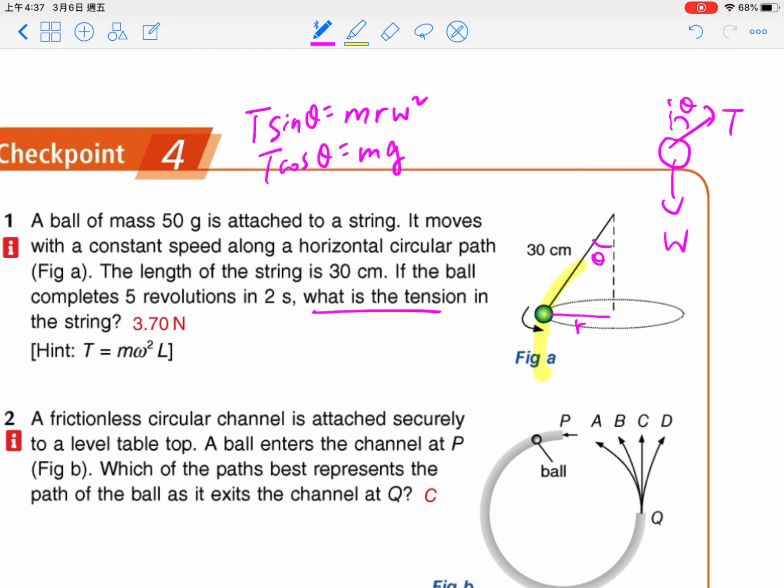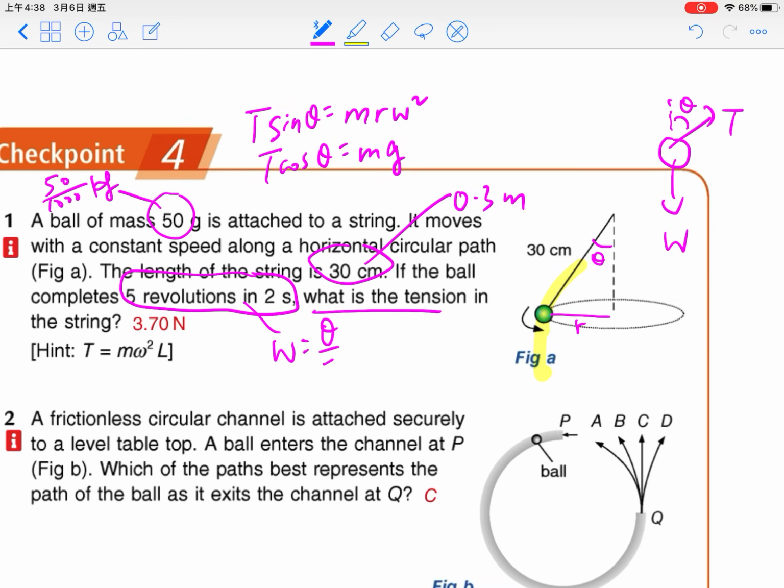So what is the tension? Now here we have 50 over 1000 kg, R is 0.3 meter, and 5 revolutions in 2 seconds. So what can you find?